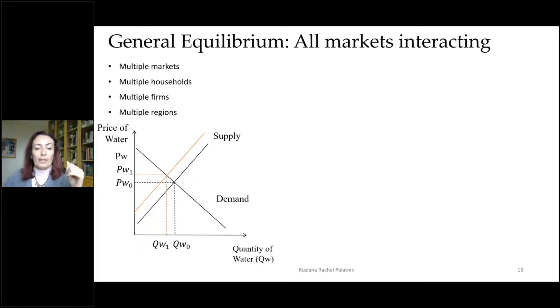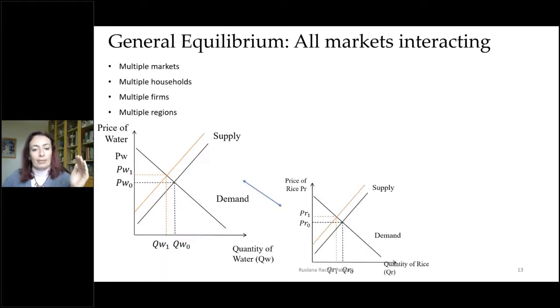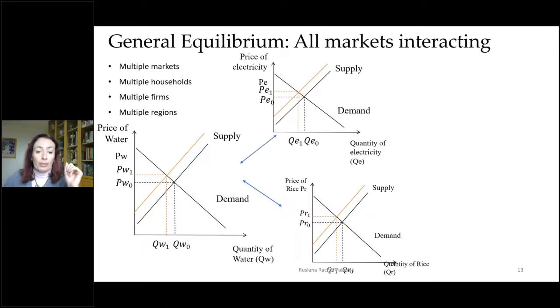If the cost of supplying water increases due to droughts or investment in new costly infrastructure, this may be the reason for a decline in the supply of rice that we analyzed before, and maybe also in the supply of electricity, if the electricity is at least partially generated by hydropower.